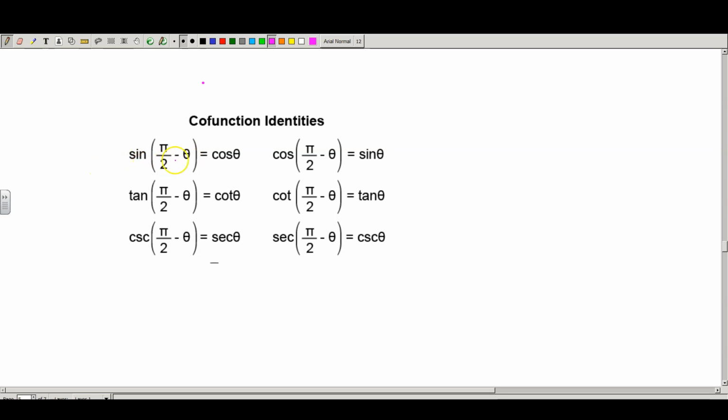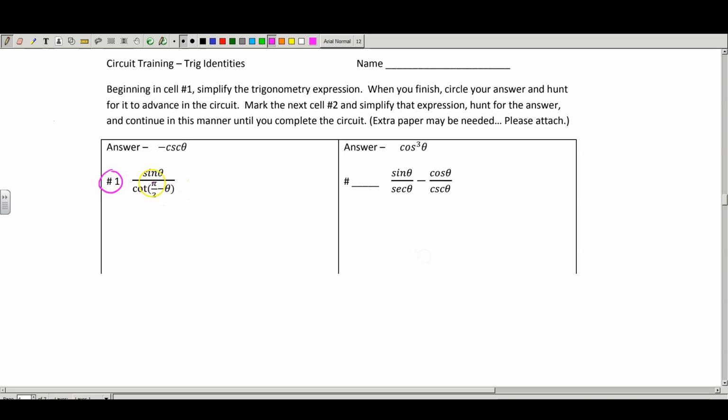You can think about these cofunction identities as that. The one I'm looking at here is that the cotangent of pi over 2 minus theta is equal to tangent. So, long story short, that just equals tangent.